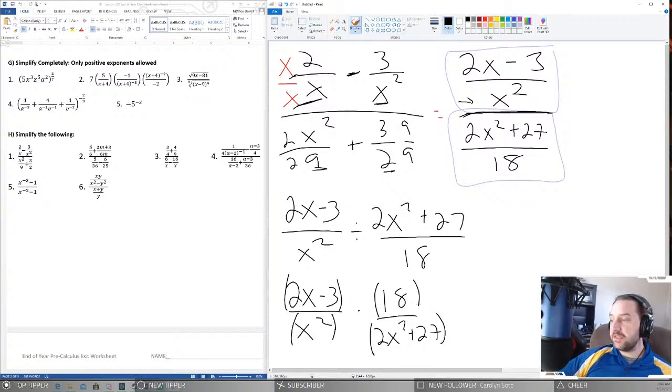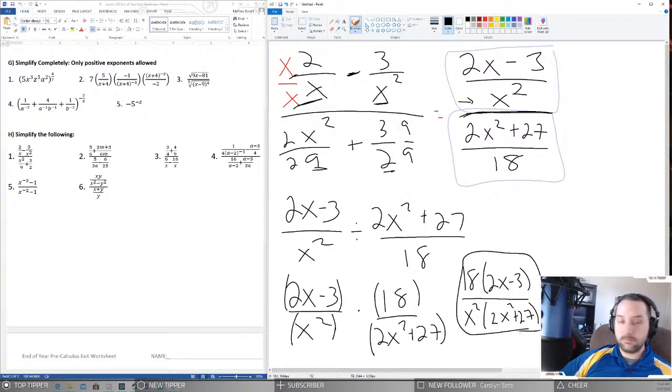There is nothing in common with the 2x minus 3. There's nothing in common with the 2x squared plus 27, like I can't factor out a 2. So as it stands right now, nothing reduces. So I could just write it as 18 times (2x minus 3) over x squared times (2x squared plus 27). And that's my answer.